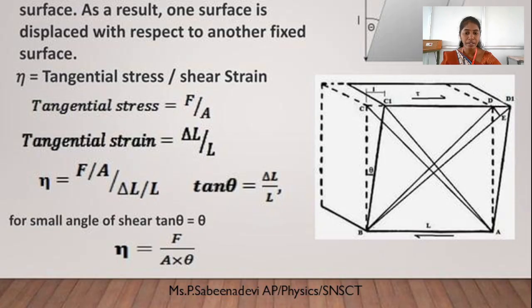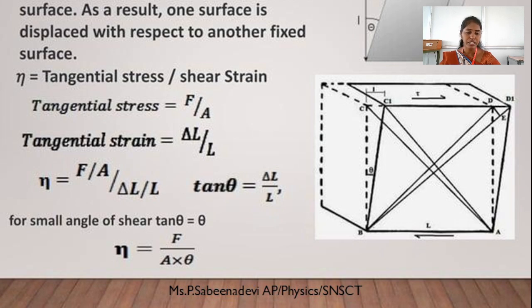So eta is equal to F by A divided by del L by L, right? Here F is the force and A is the area, del L is the change in length and L is the original length. Del L by L can be written as tan theta, right? For a small angle of shearing, tan theta can be written simply as theta. Instead of del L by L, we can write tan theta.